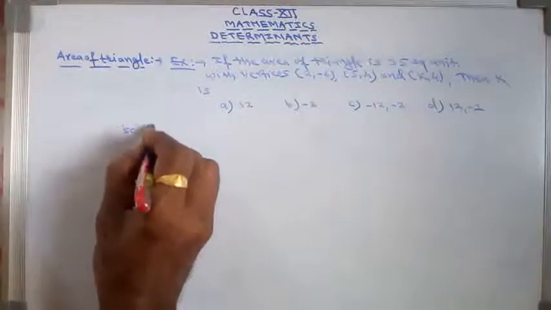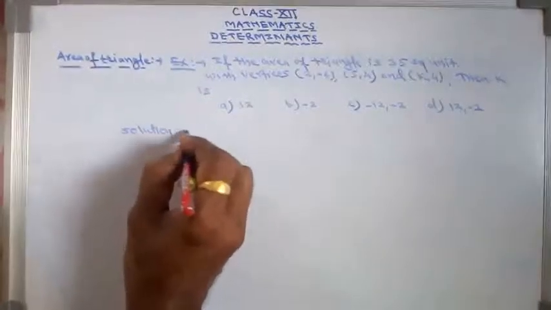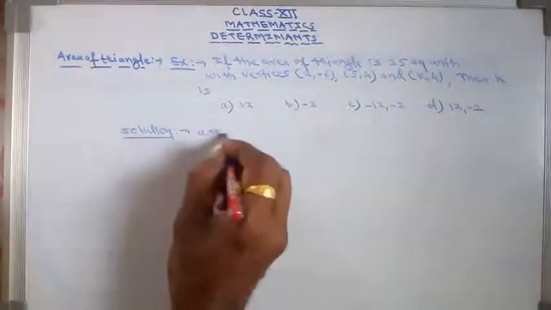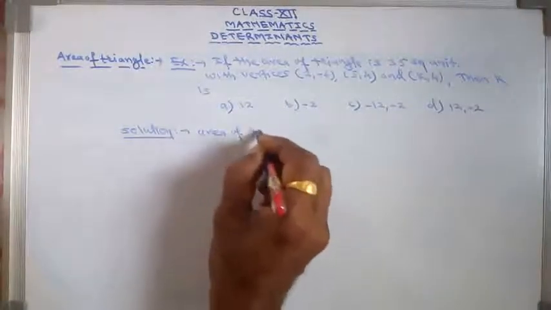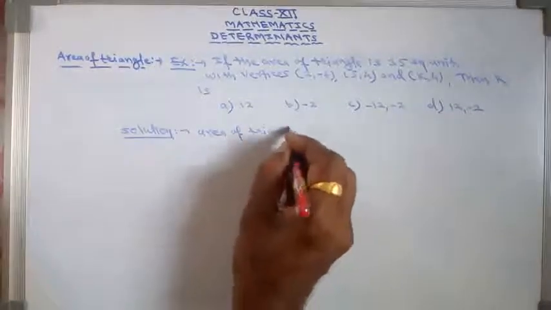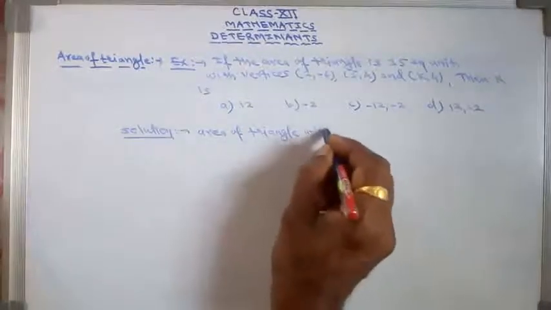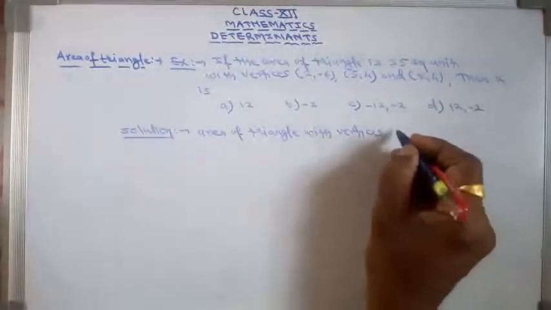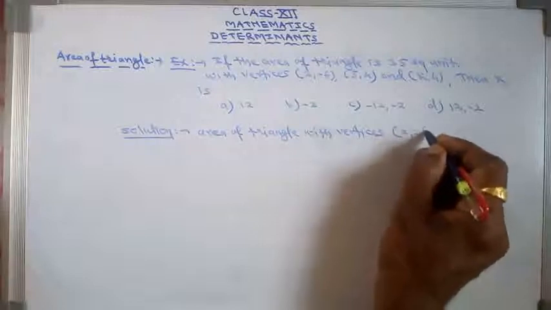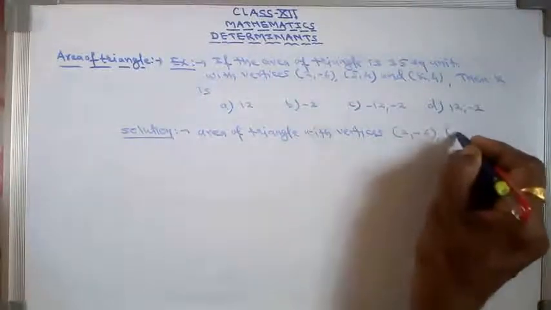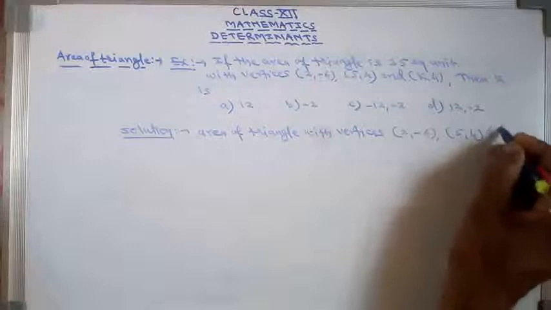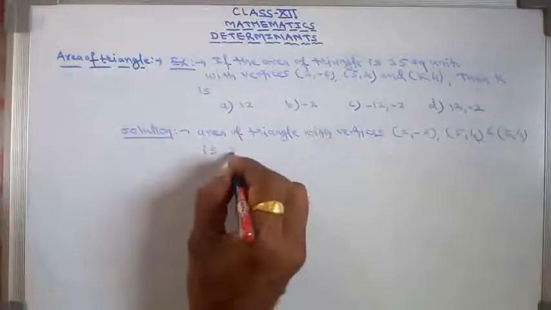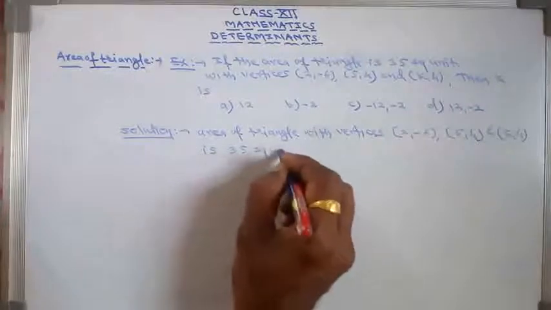Solution: the area of the triangle with vertices (2, -6), (5, 4) and (k, 4) is 35 square units.